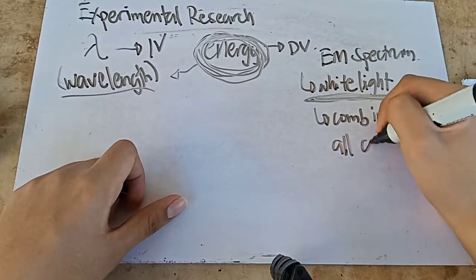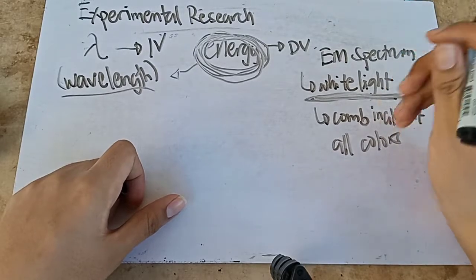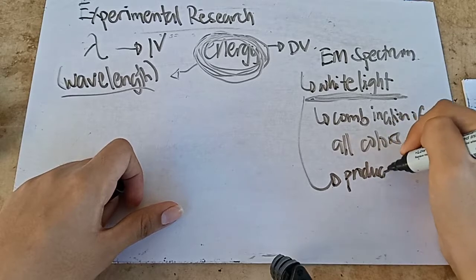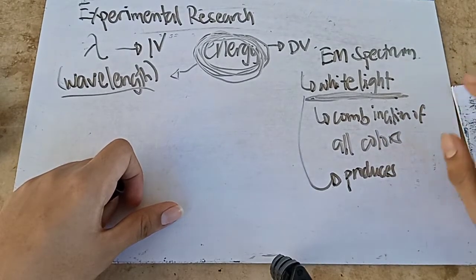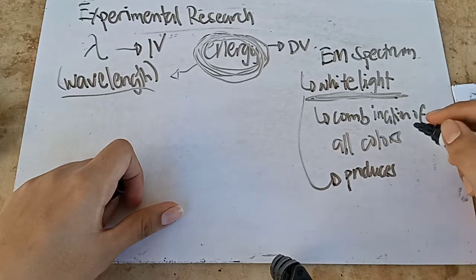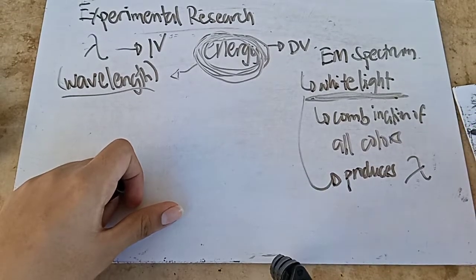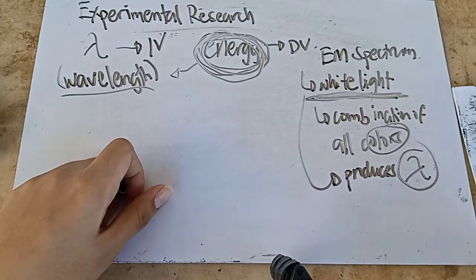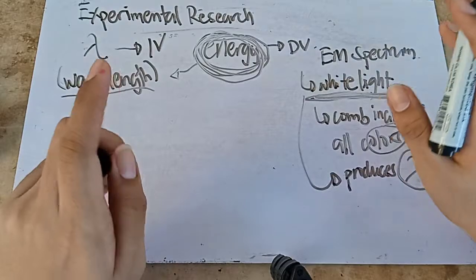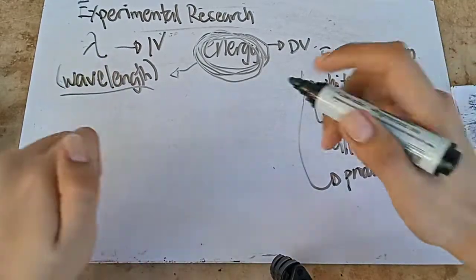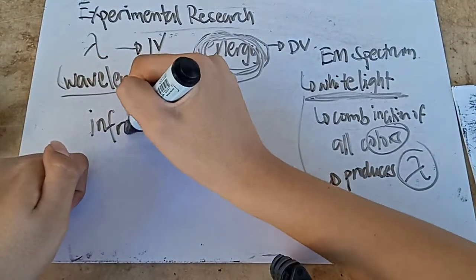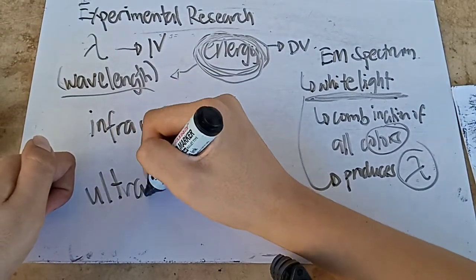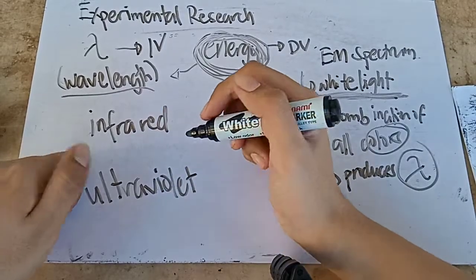So this white light or visible light produces different wavelengths. Because different colors have different wavelengths. Okay? And in the white light also, we have the so-called infrared lights and ultraviolet lights. So, I think you are very familiar with this.